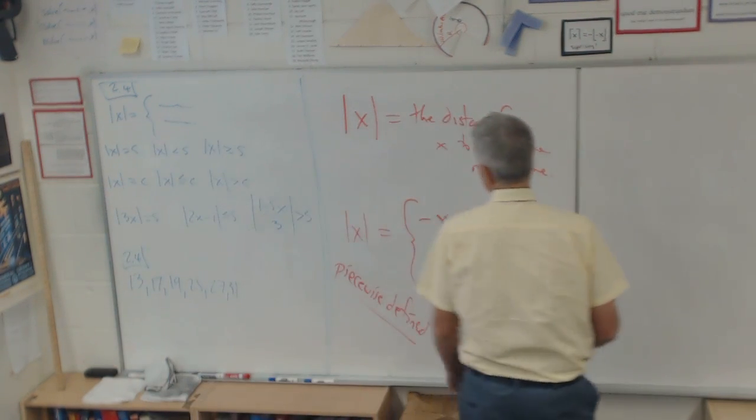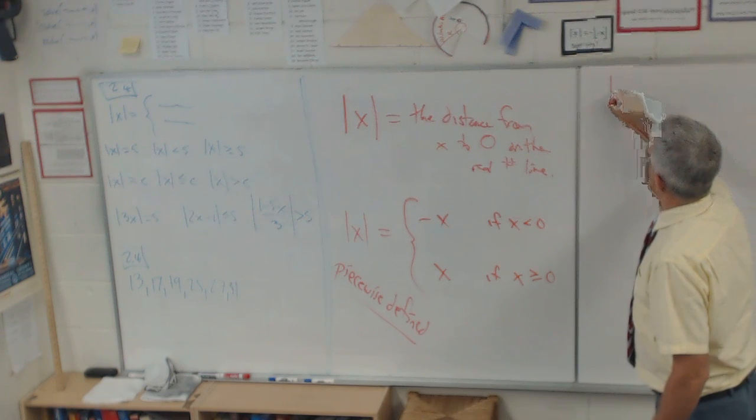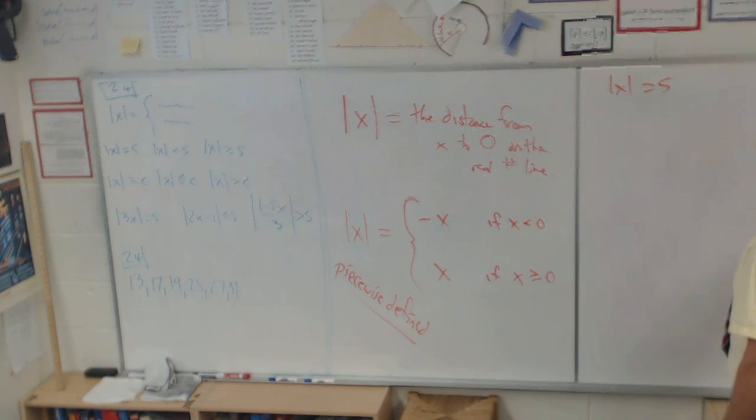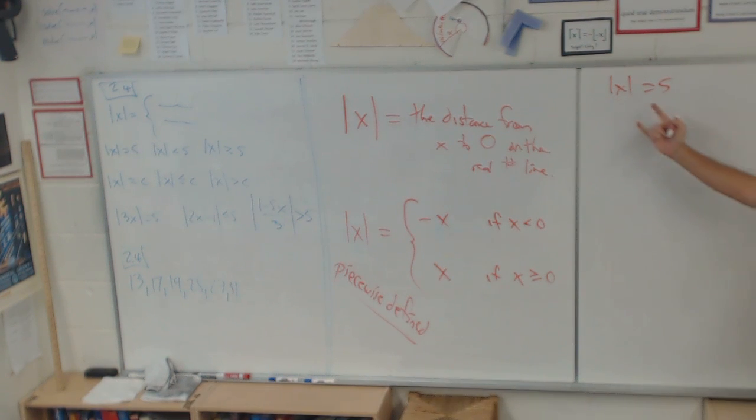So we go to this first set of 3 problems. We have the absolute value of x is 5. Problem B, the absolute value of x is less than 5. Problem C, the absolute value of x is greater than or equal to 5. And in this class yesterday, I told you that if you can isolate the absolute value on the left-hand side, and you have a positive number on the right-hand side, when you have an equals, you're always going to end up with 2 numbers.